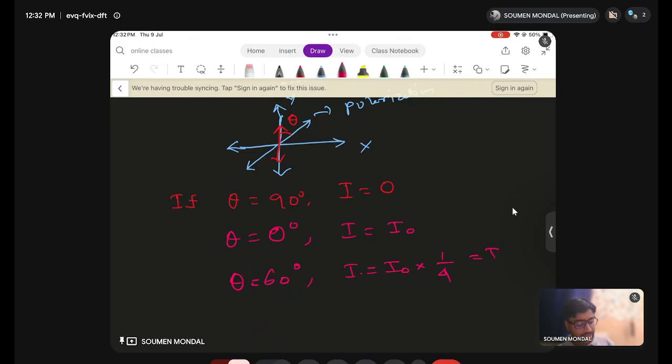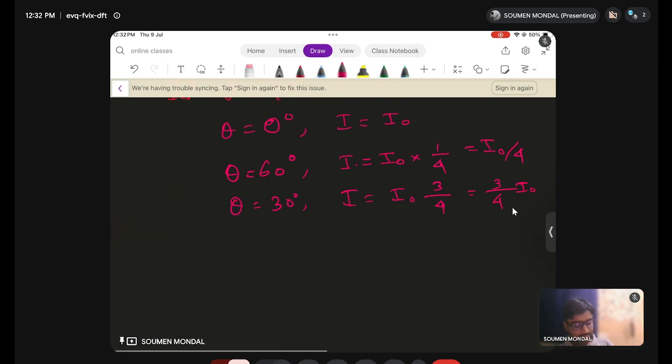Your intensity out of the polarizer will be I naught by 4. If it is 30 degrees, it will be 3/4 of the initial intensity. And the last one, if theta is 45 degrees, we lose half of the intensity.